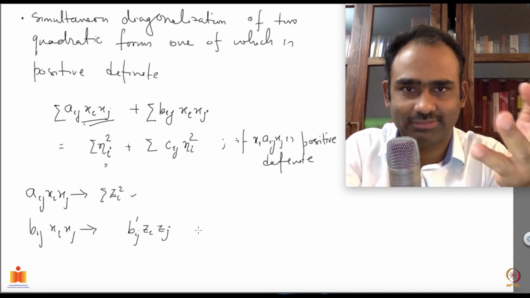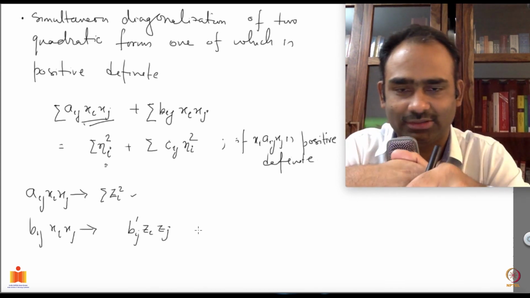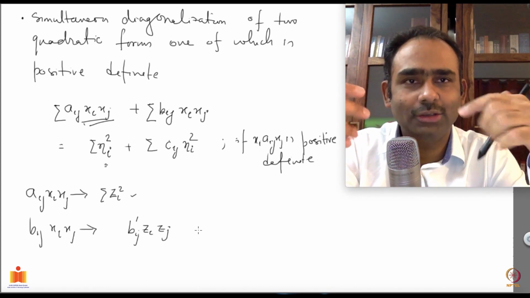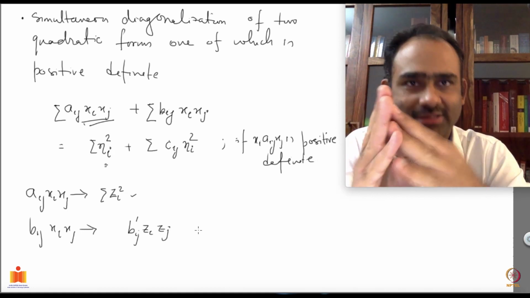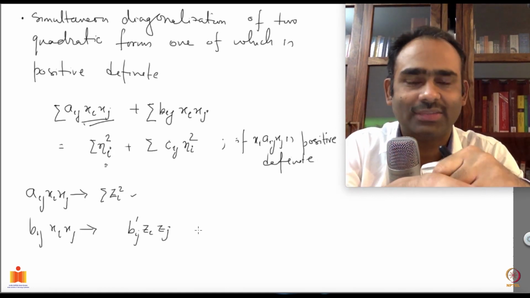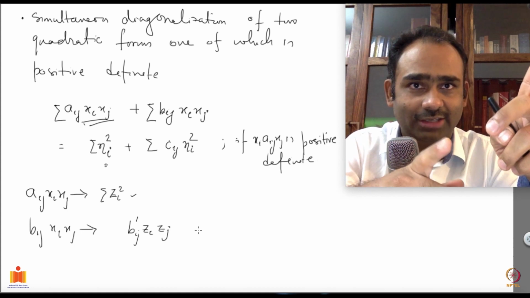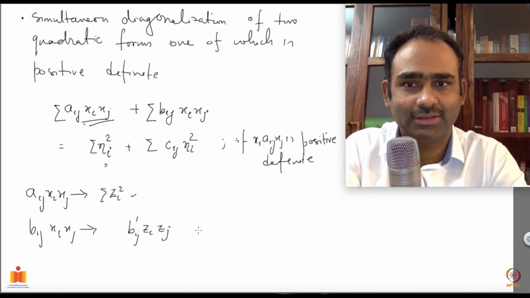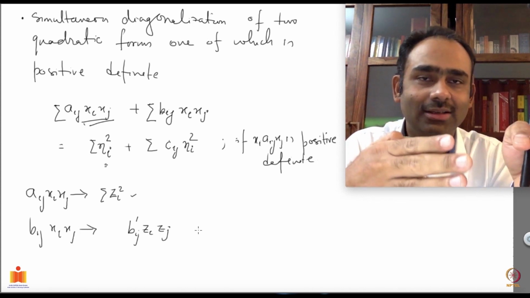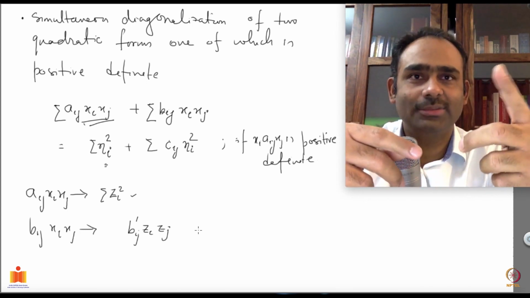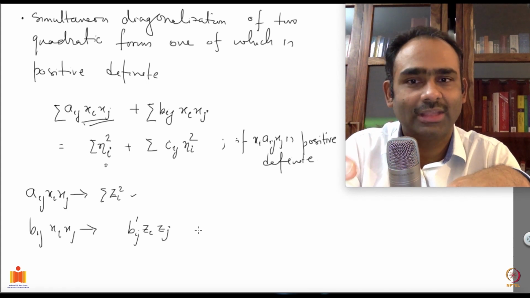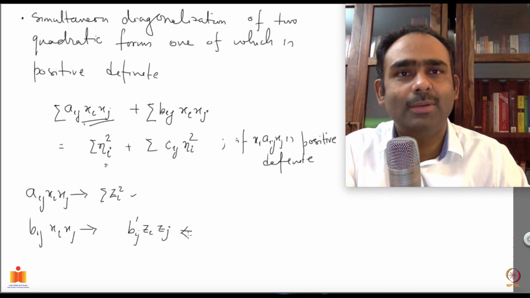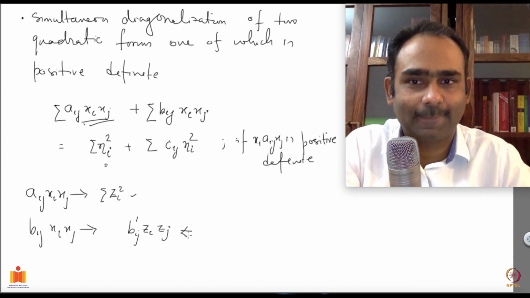So you again have the same situation as before, meaning now you can do one more transformation and go from z to eta by an orthogonal transformation such that the matrix b prime gets diagonalized. So this piece will be put into a sum of squares.